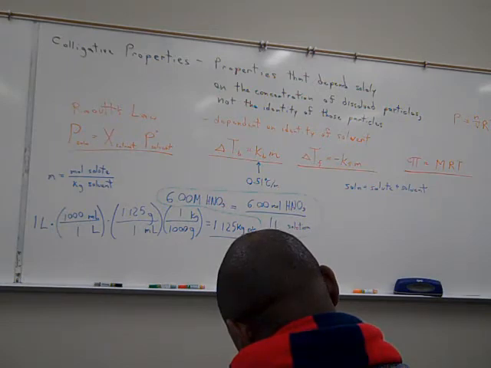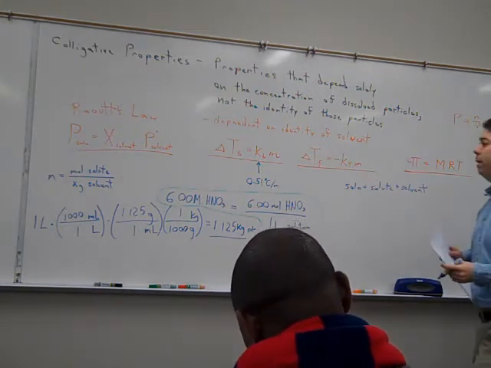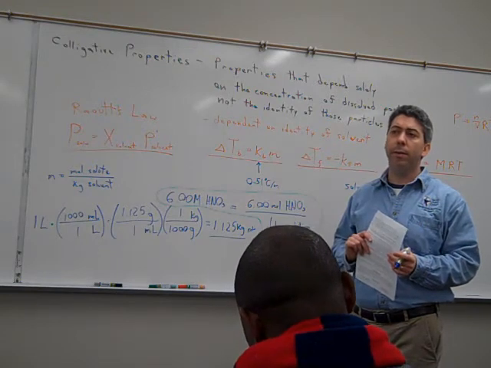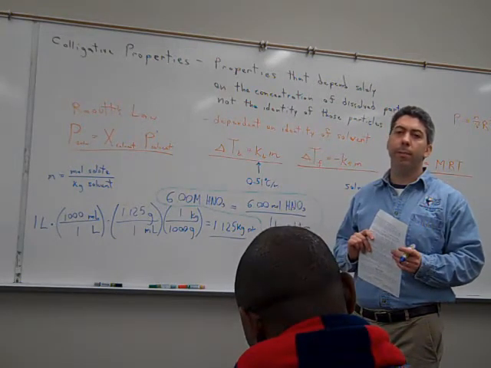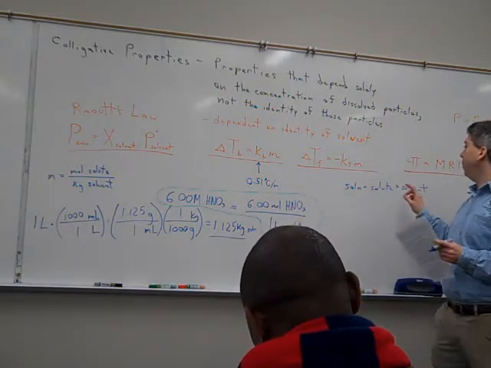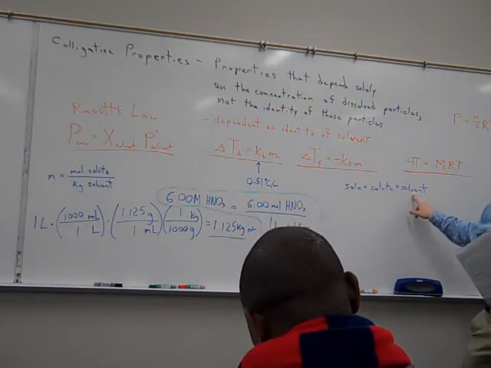Solution is equal to solute plus solvent. I got the solution, I need to get the solvent, so what else do I need to solve for? If I want to solve for the solvent, what other piece do I need?